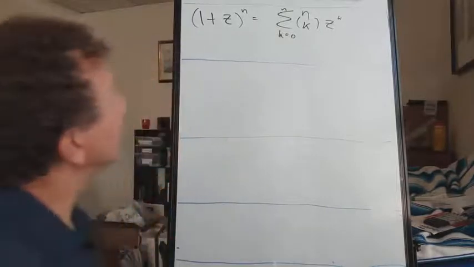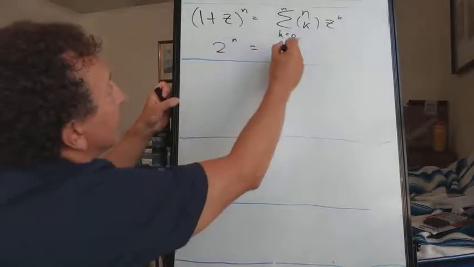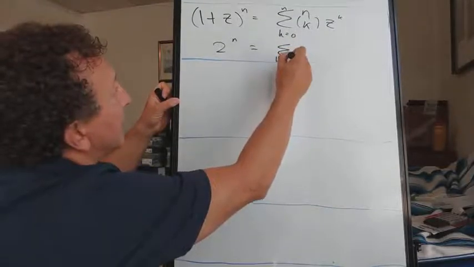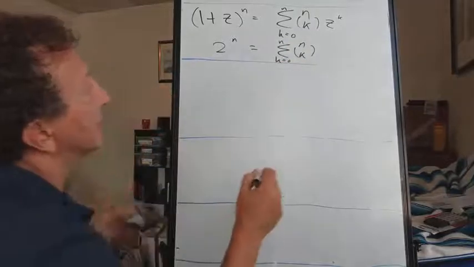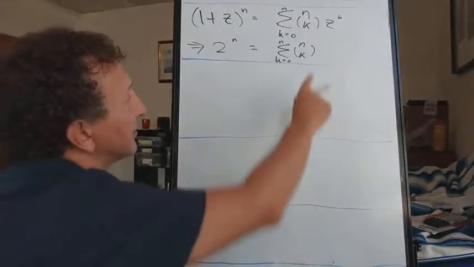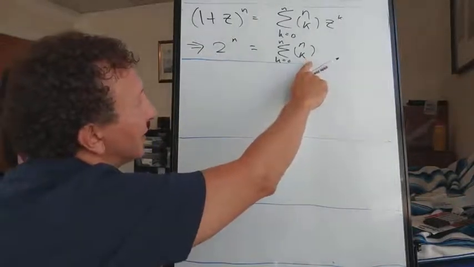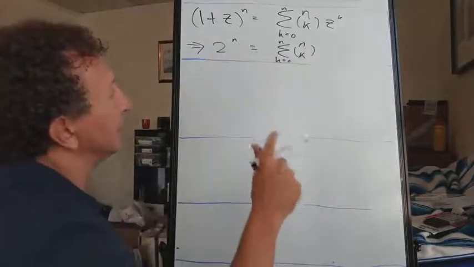So if we plug in z equals 1, I guess that means that 2^n equals the sum of n choose k. That is, the total number of subsets of a set, including the empty set, is 2^n.